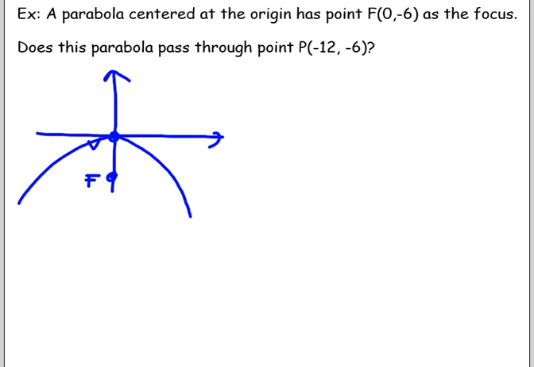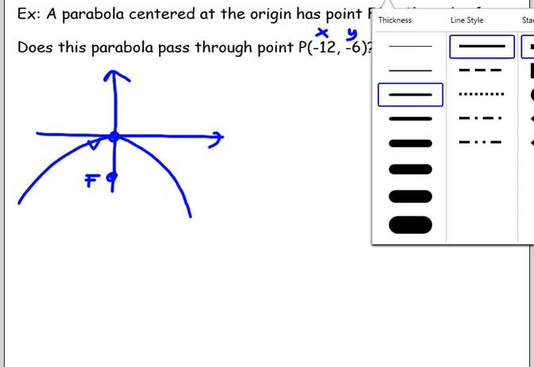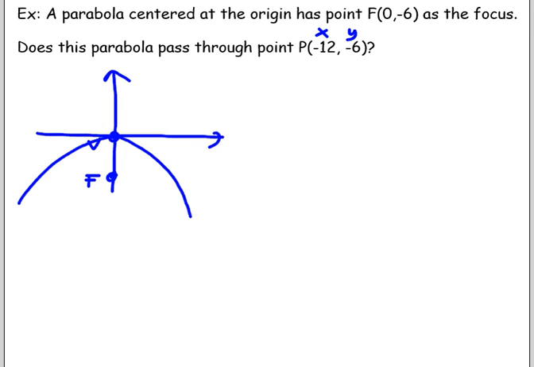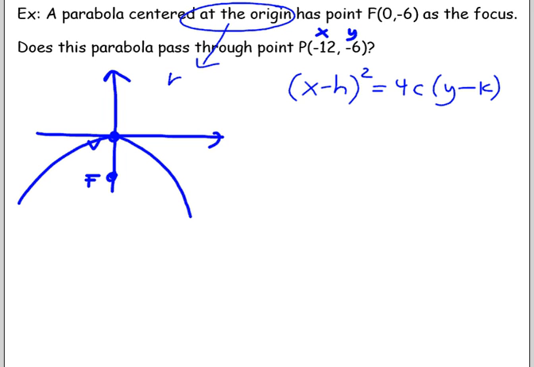So that's my x and my y, I would need a rule, right? So let's try to find the rule. Remember, if it's going up and down, passing by the origin is this. But you can always start with the general one, (x minus h) squared equals 4c (y minus k), because if it's passing by the origin, you know that h and k are 0, 0.